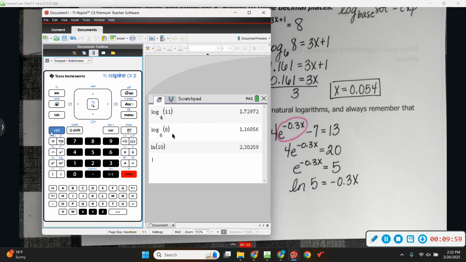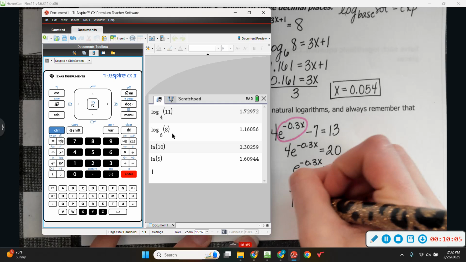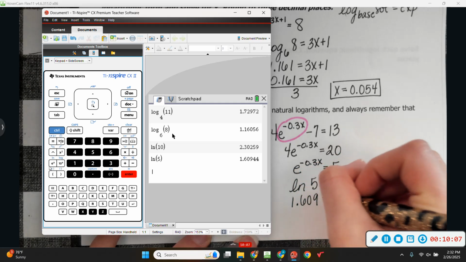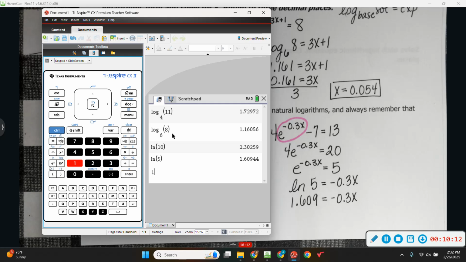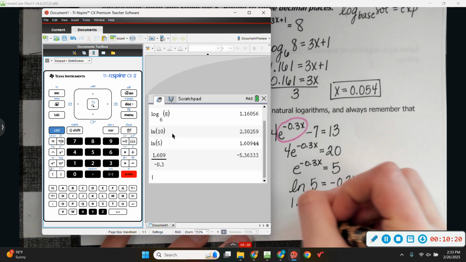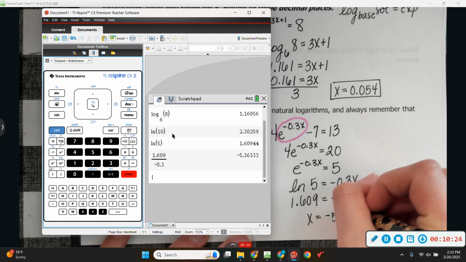If you do the natural log of 5, that gives you 1.609 equal to negative 0.3x. So I can take that 1.609 and divide it by negative 0.3. And that's going to give me x equals negative 5.363.